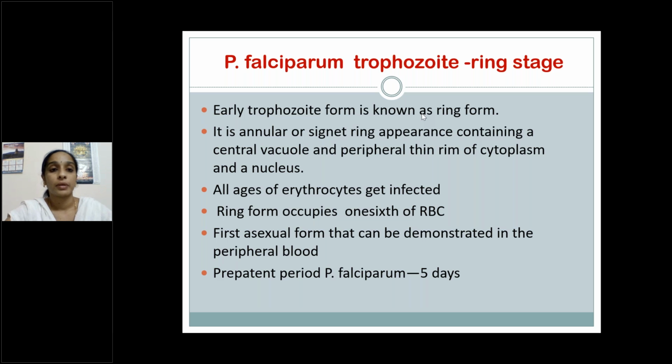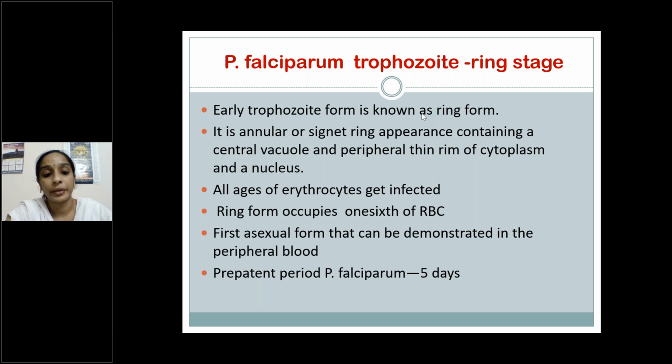In case of Plasmodium falciparum trophozoite, this ring form occupies 1/6 of RBC. This is the first sexual form that can be demonstrated in the peripheral blood. For falciparum, the pre-patent period is 5 days.